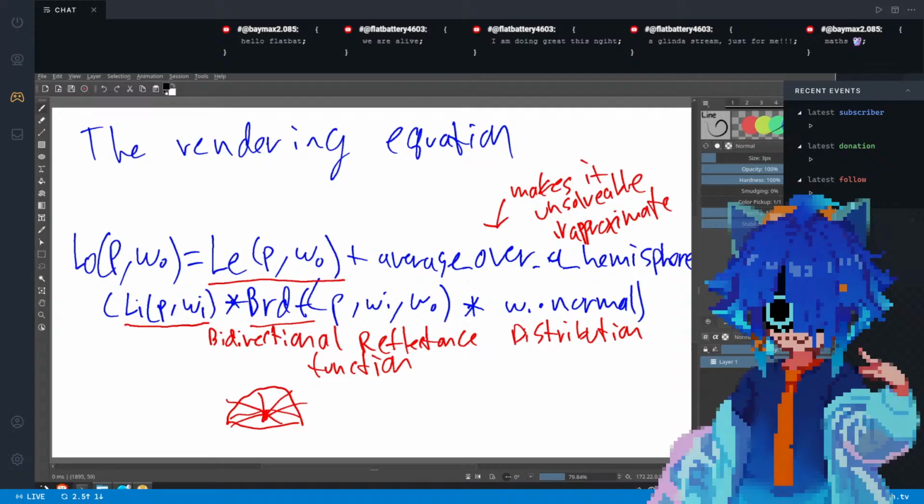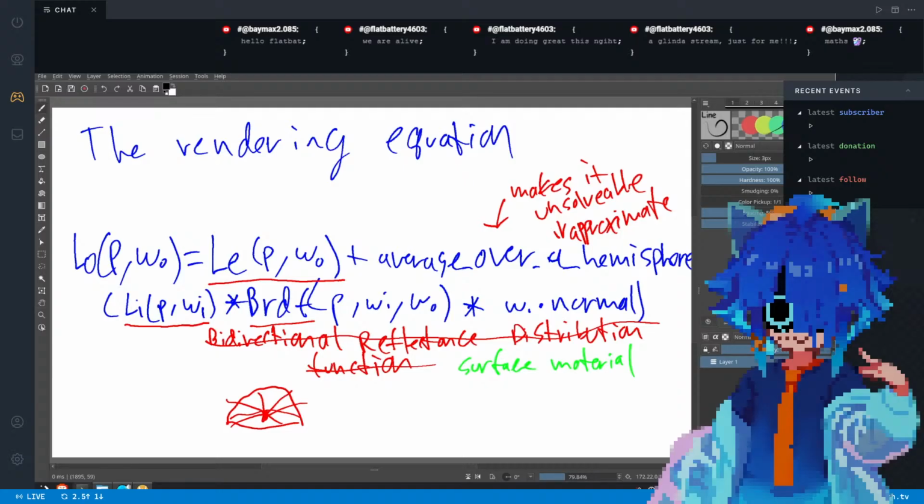That's a lot of really big words to say that we're multiplying it by the surface material. So we're going to take the incoming light and we're going to multiply it by the surface material.